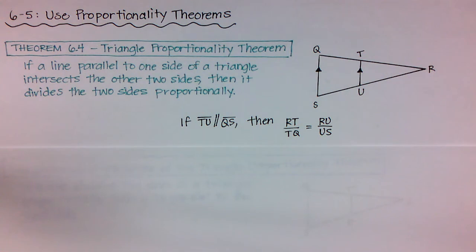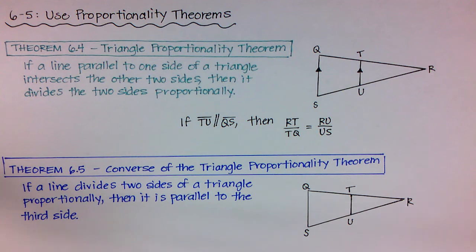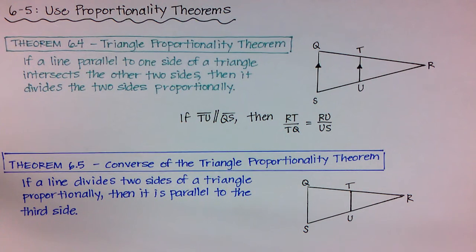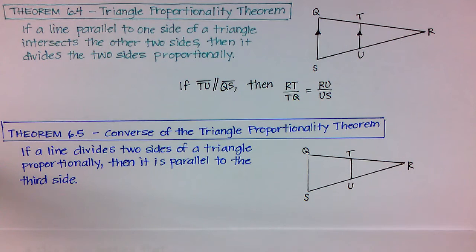Okay. Our second theorem is kind of similar. This is the converse of the triangle proportionality theorem, and this is theorem 6.5, and what it says is that if a line divides two sides of a triangle proportionally, then it is parallel to the third side.